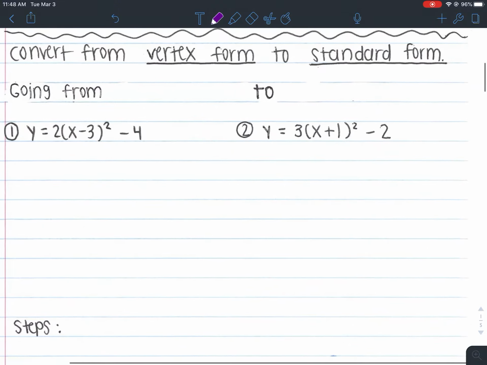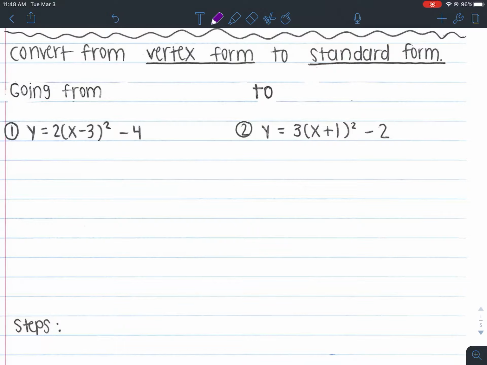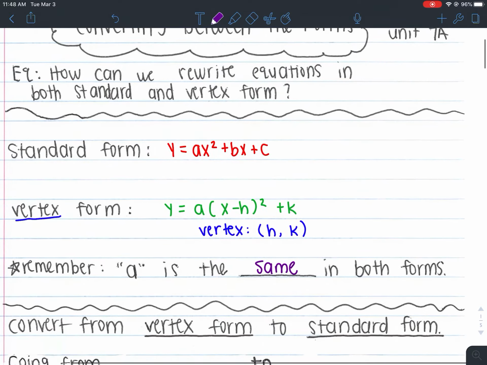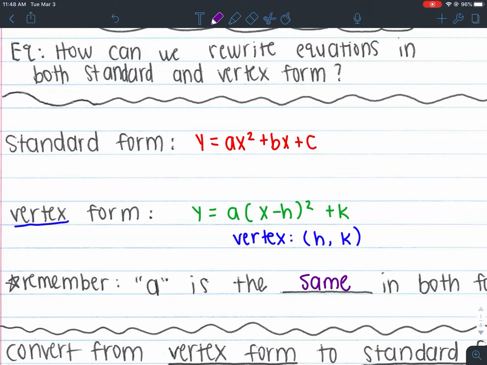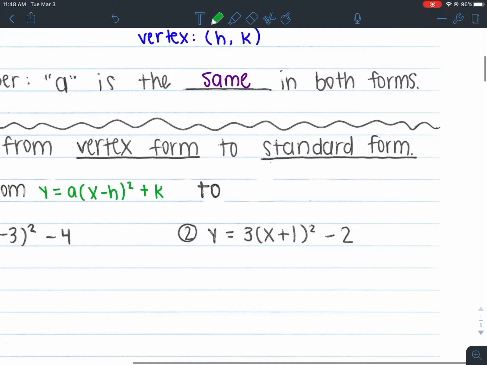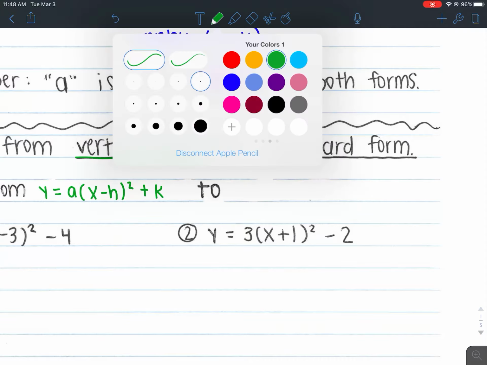All right, so convert from vertex form to standard form. Remember, vertex form is the one with the parentheses. It's the one with the vertex in it. So we're going to go from vertex form, which is y equals a(x minus h) squared plus k, to standard form.